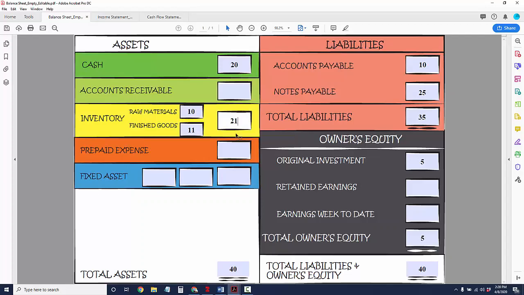And we can see that if we now would calculate our total assets, we would be at 41 and we're not in balance. We have forgotten to take our $1 in cash. So cash is going down from 20 to 19 to pay our brother, and our total assets are at 40.